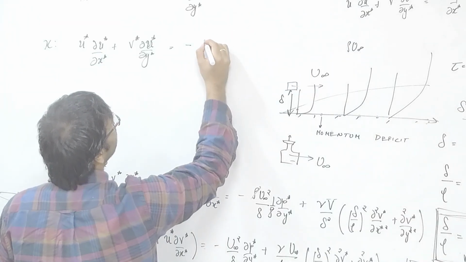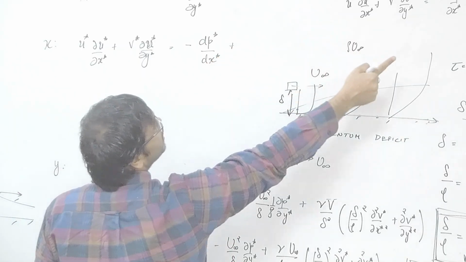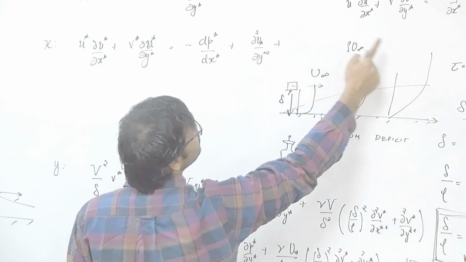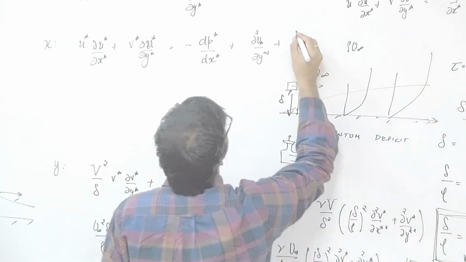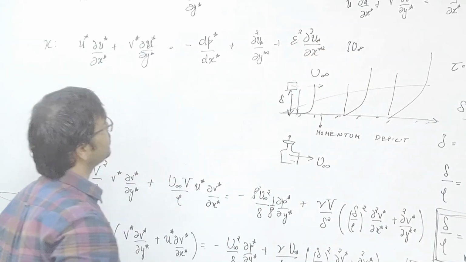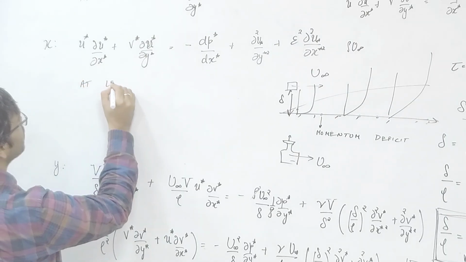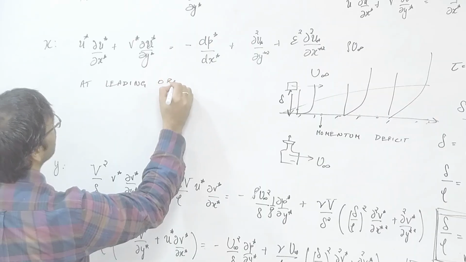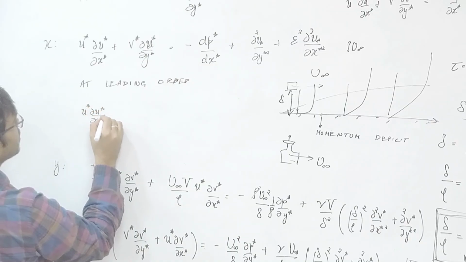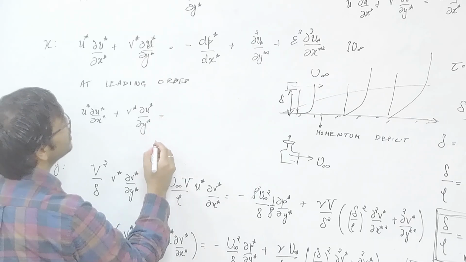So I can write a full complete derivative here because it's not a function of y, and then this quantity is 1 basically, and then we have plus 1 by REL, which is epsilon squared, and from here we see that at leading order the x momentum equation is u star del u star over del x star plus v star del u star over del y star equals minus.